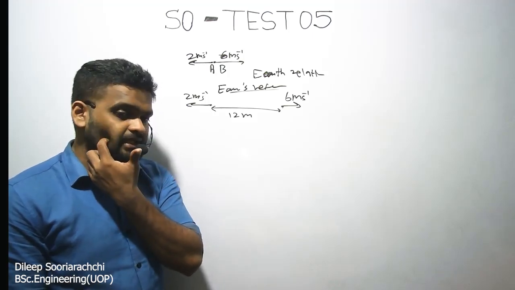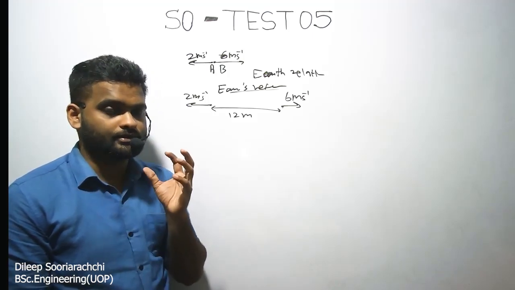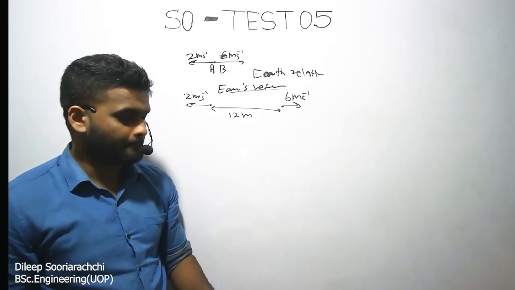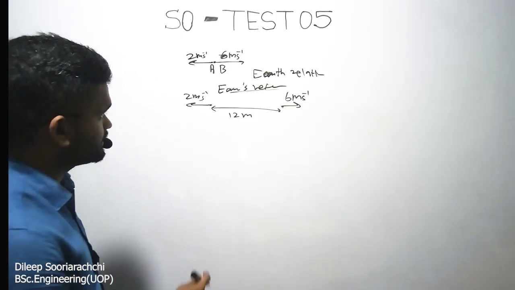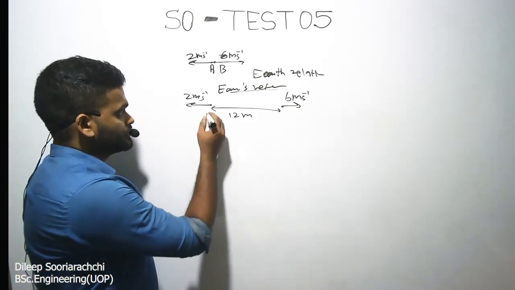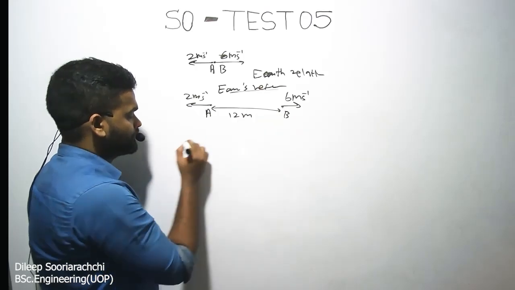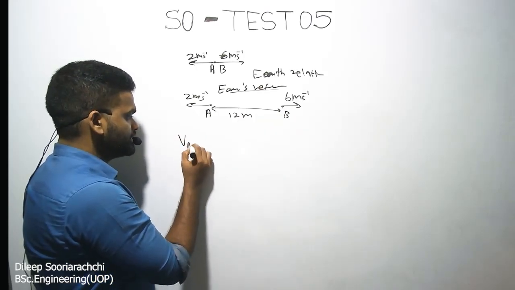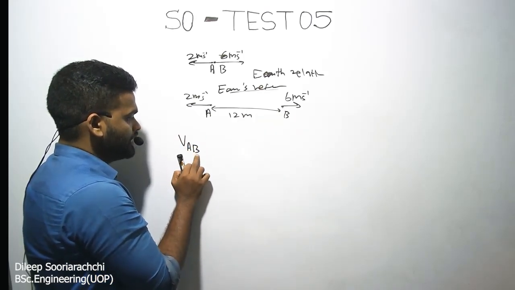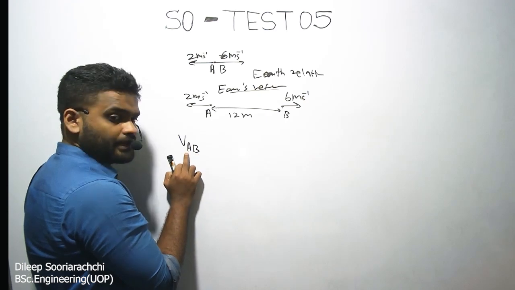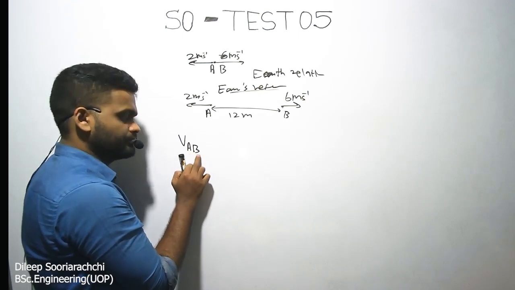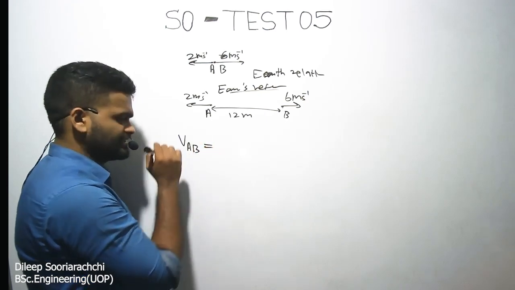But the trick here is you are going to use relative motion. Let's see how to do that. So this is A, this is B. I'm going to find the velocity of A relative to B. What is that?